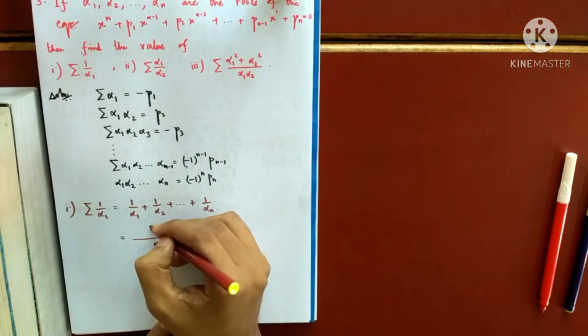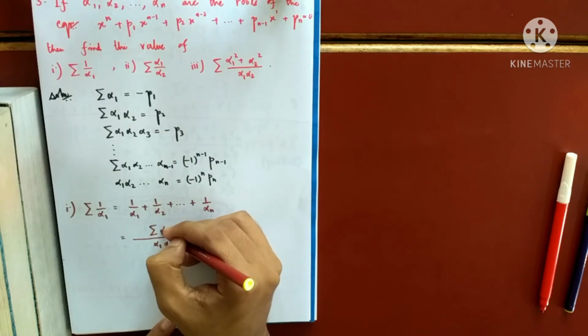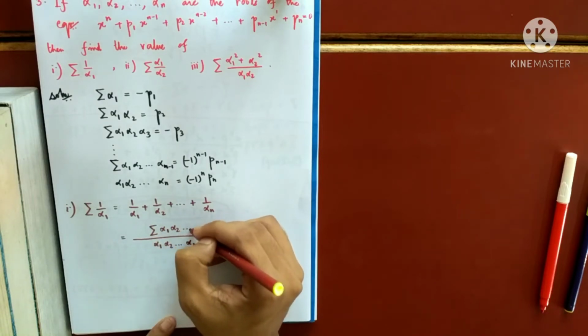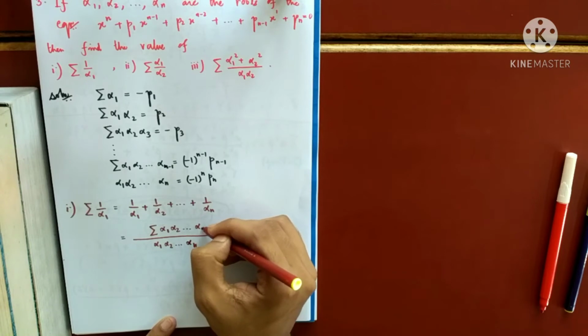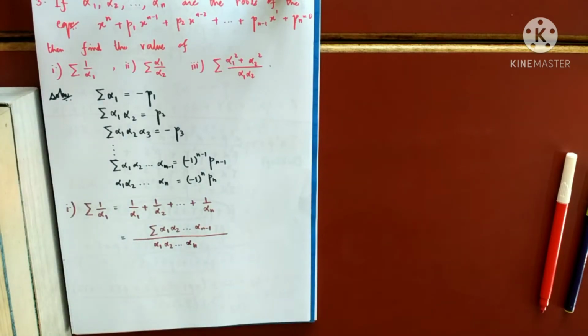That means in the numerator I am getting the summation of products of n minus 1 roots at a time, right? Every term here is a product of n minus 1 roots.